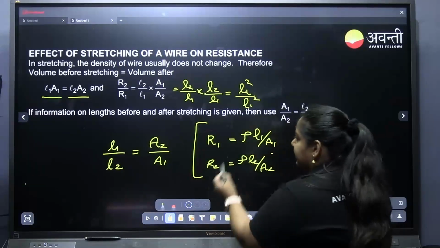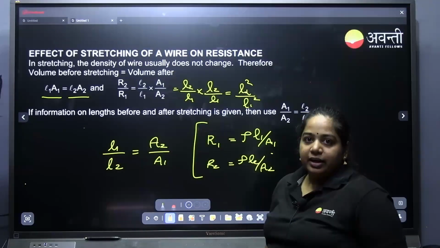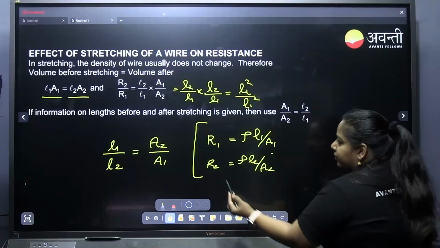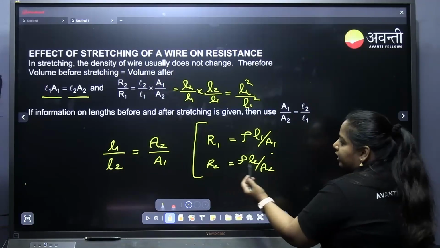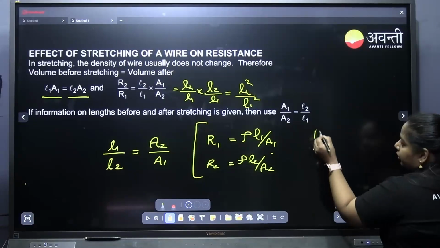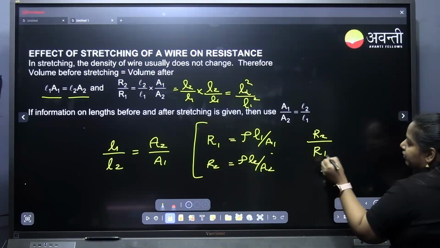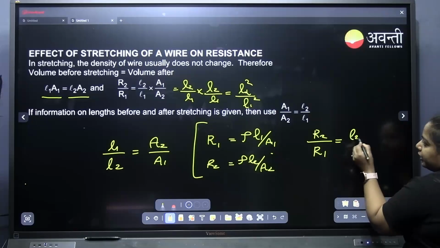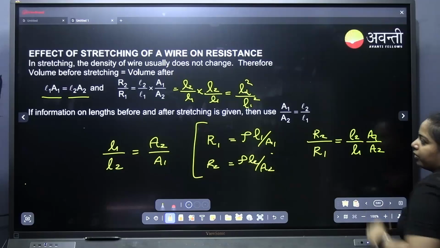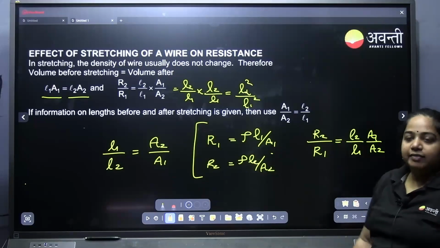Let's say initially it has resistance R1 and length L1. So this is its formula. Then it has resistance R2 when length is L2. If you want to find R2, R2 by R1 will be equal to L2 by L1 into A1 by A2, just taking the division here.